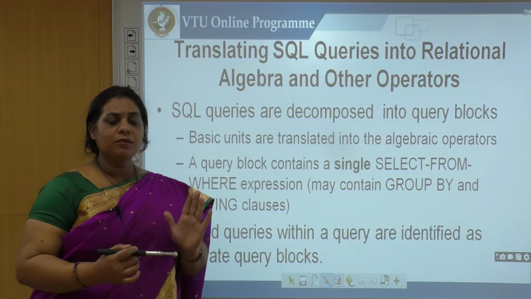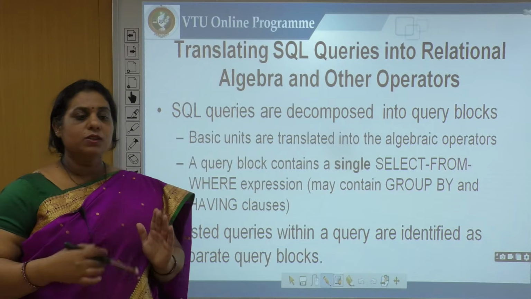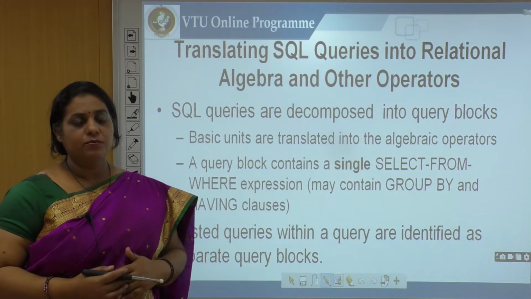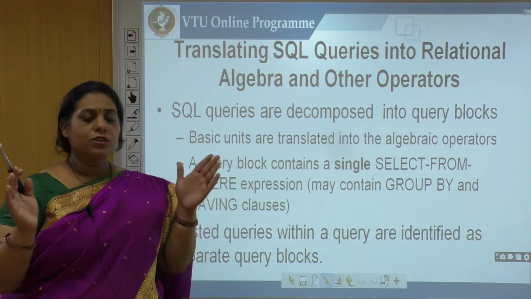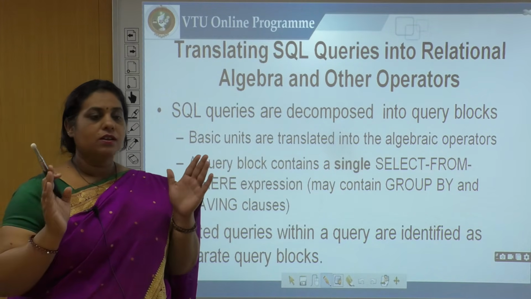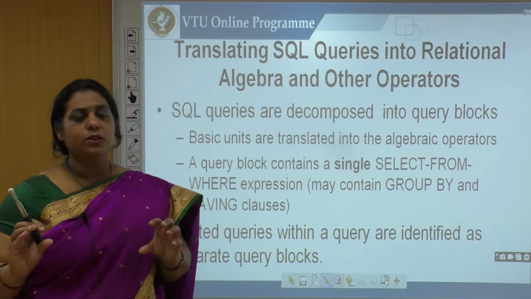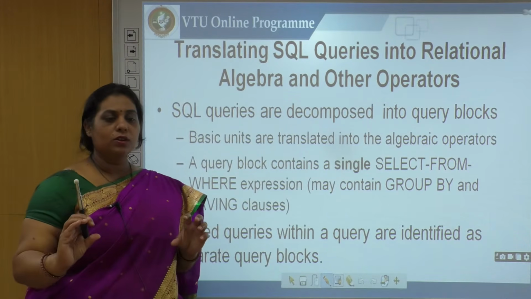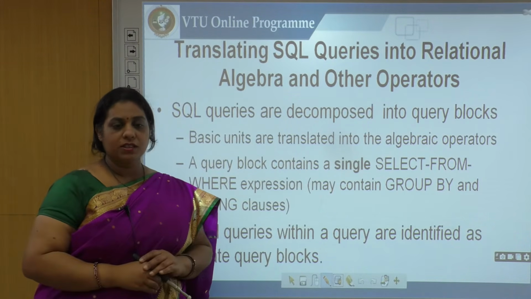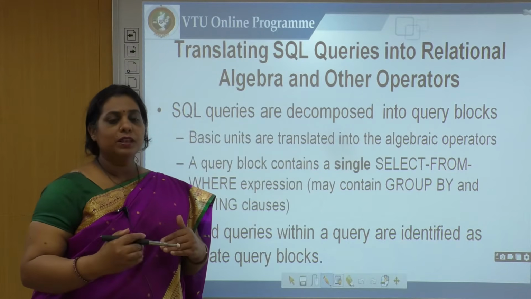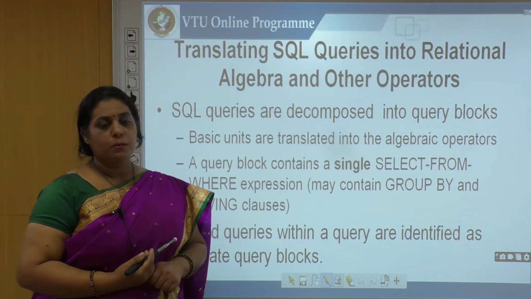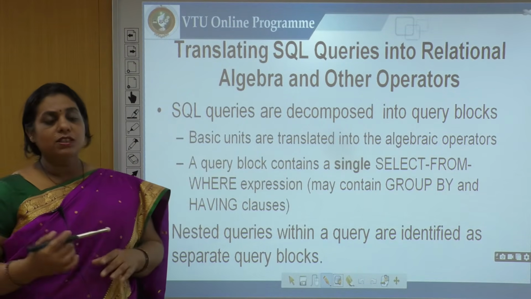So basically when the SQL is working with the execution of a query, a huge complex statement is broken into smaller blocks which are called the basic units, and it works with them one by one, right? Whenever there are nested queries.